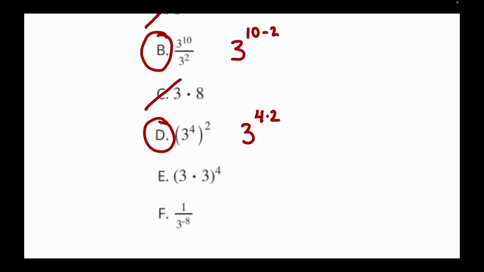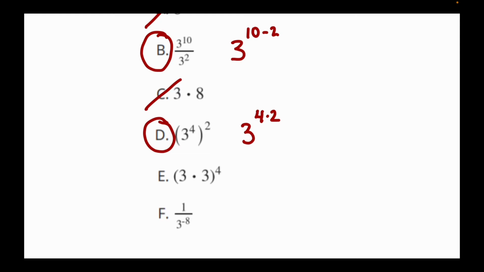When we look at E, this is 3 times 3, then raised to the power of 4. And we could multiply the 3's inside and make this 9 to the power of 4, but that doesn't help us with our explanation here.